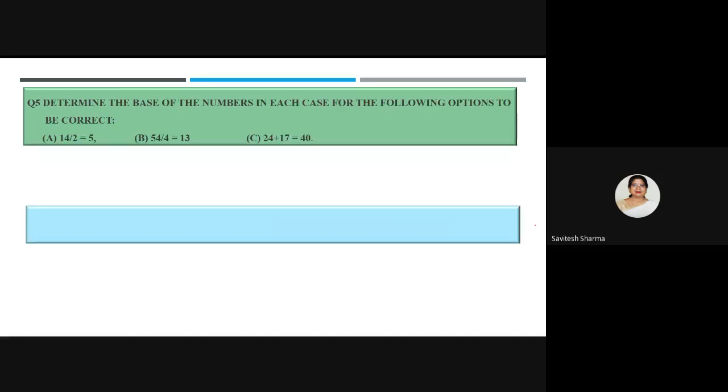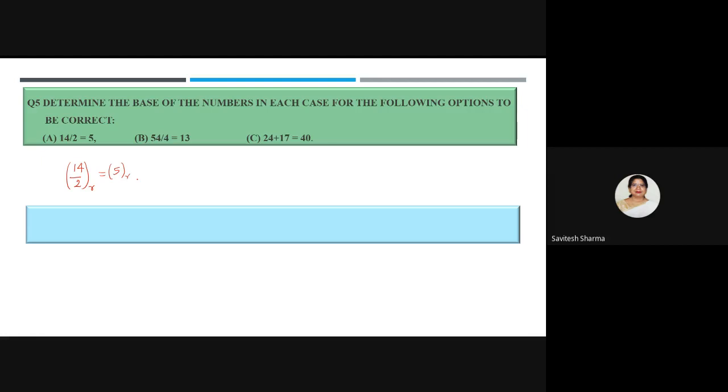Now come to question number 5, part A. Here it is saying that this is an equation and it is not showing any base. It is not in decimal. So I am assuming that its base is R. As I was telling you every time, if you are showing any equation, your base radix will be the same on the left hand side as well as the right hand side.